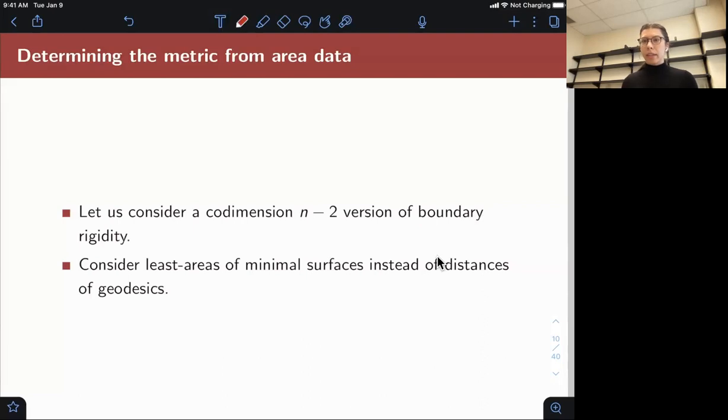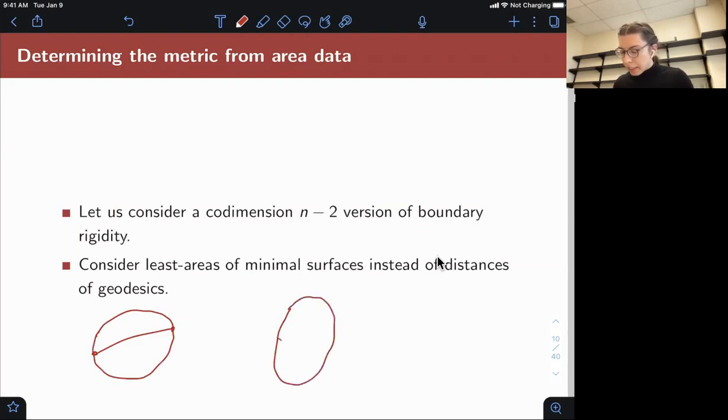But instead, let's say I'm looking at an area that sweeps through the manifold, and I'm looking at the area of a surface. And a surface is going to have 2 dimensions, and so I'm looking at a codimension n-2 version of boundary rigidity. And here, instead of considering, as I said, geodesics between any 2 points on the boundary of my manifold, let's instead look at a manifold and say I take a curve on the boundary and sweep out by some surface.